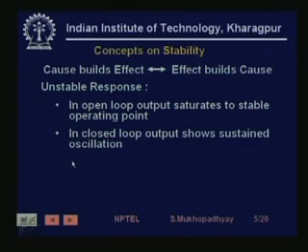But if you use a controller, one of the jobs of the controller is to operate a plant around unstable operating points. That is why control is used in many cases, for example in process control, in aircraft, and also in motors.